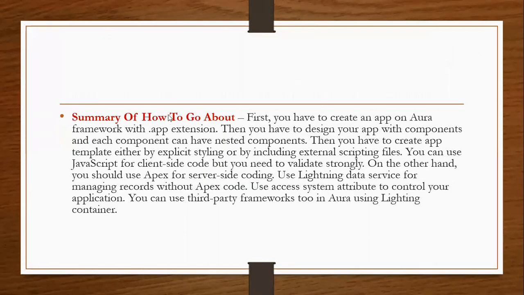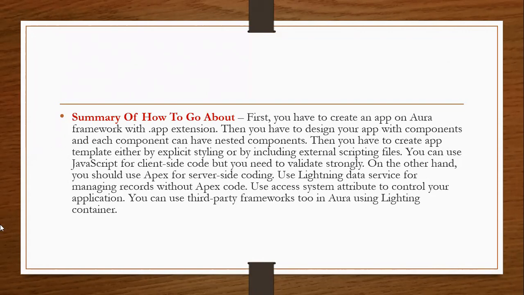Next, a summary of how to go about it. First, you have to create an app in the Aura framework with the app extension. Then you have to design your app through components, and each component can have nested components. Then you have to create the app and template either by explained styling or by including external scripting files.